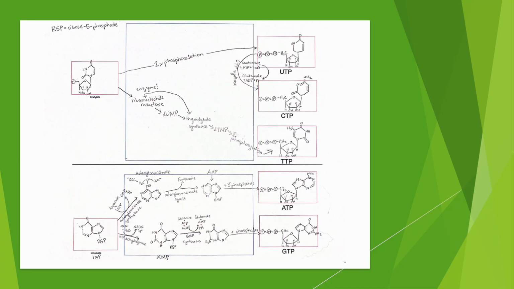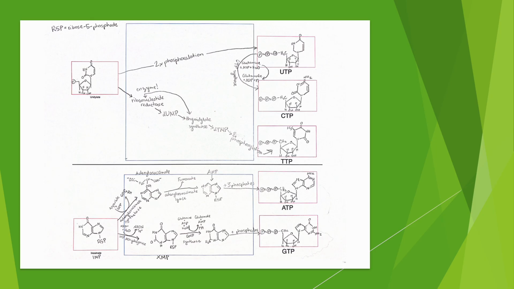This is the de novo biosynthesis pathways for both pyrimidines and purine nucleotides. It highlights how precursors like PRPP and various amino acids are assembled through multi-step enzymatic reactions to generate fundamental building blocks such as uridylate and inosinate.